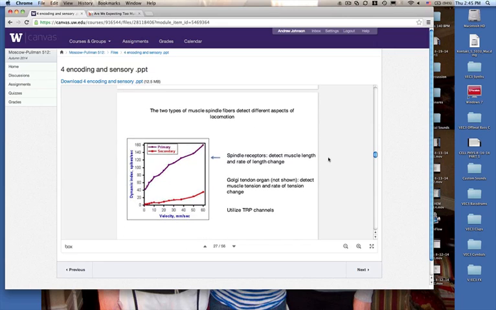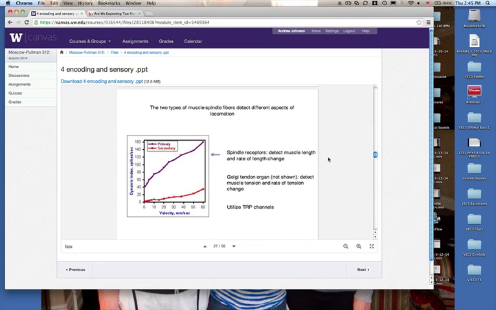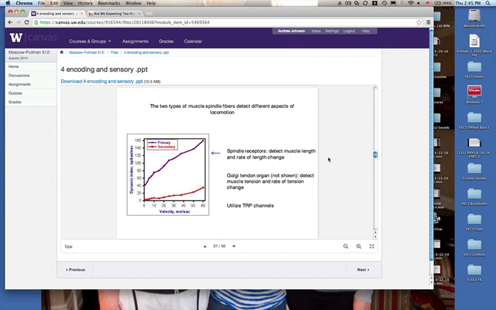I talk about a couple types of muscle spindle fibers. You'll see this as you go through, maybe later when we talk about skeletal muscle. They just differ in their sensitivity. Your Golgi tendon organs, which I'm not showing here, are going to detect things like muscle tension and the rate at which tension changes.